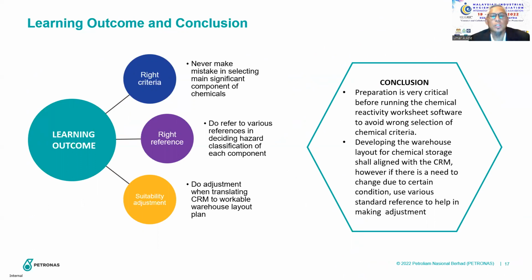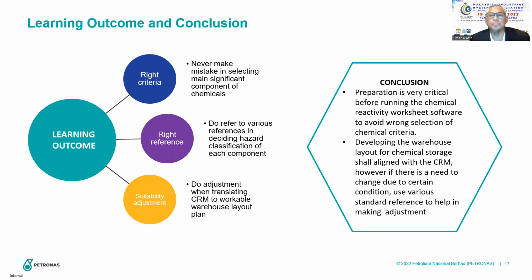Right reference: do refer to various references in deciding the right hazard classification of each component, and do adjustment when translating the CRM to a workable warehouse layout, because the CRM cannot simply be translated to the existing warehouse due to the design and spaces that have been constructed already.